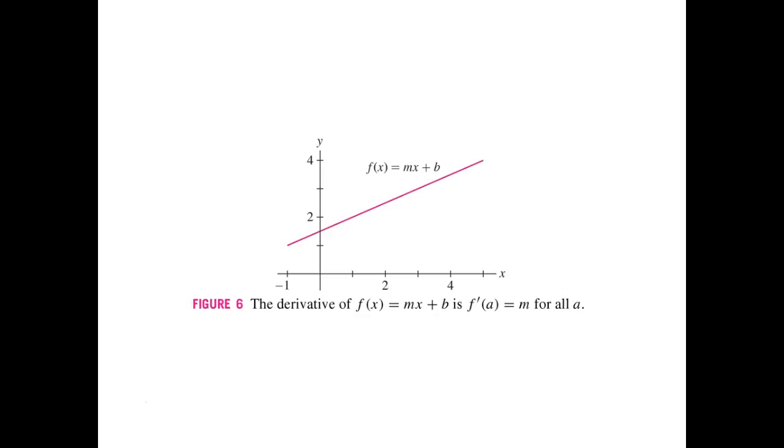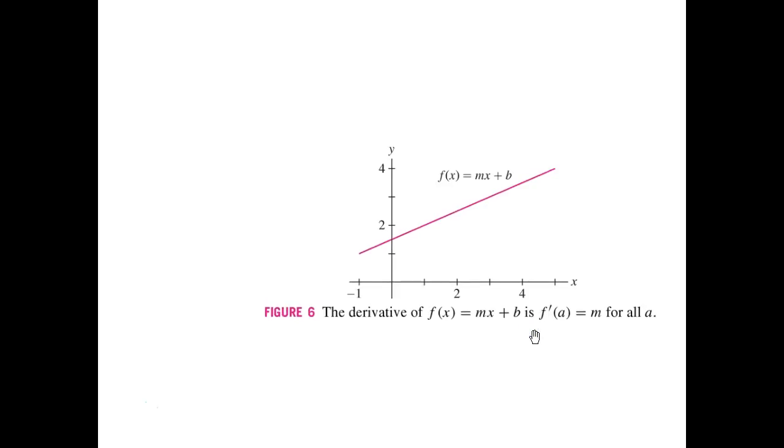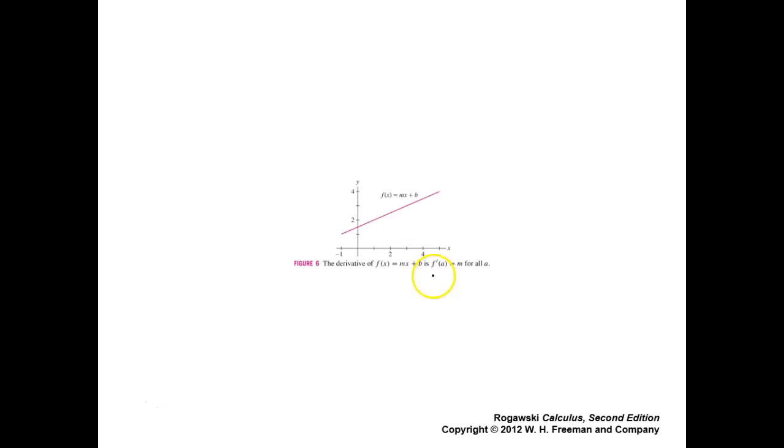Okay? Now, that's graphically. We should expect that the derivative, f prime, is equal to m, because the slope of the tangent line is the same as the slope of the line itself. Okay? So let's see if that's indeed true.